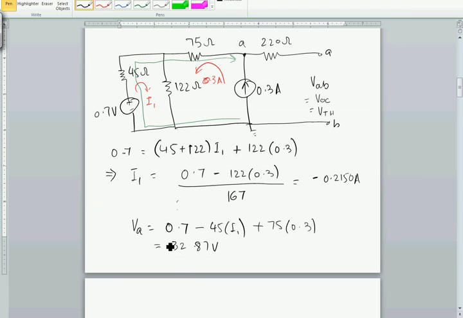32.87 volt. That is my Thevenin equivalent voltage.